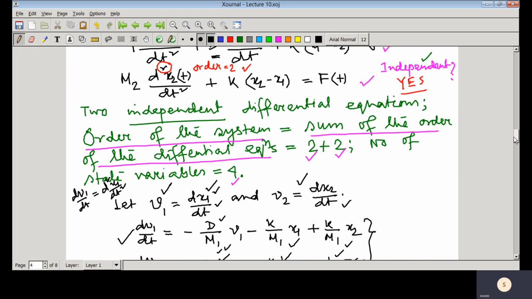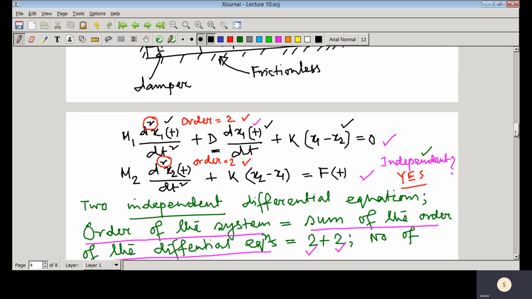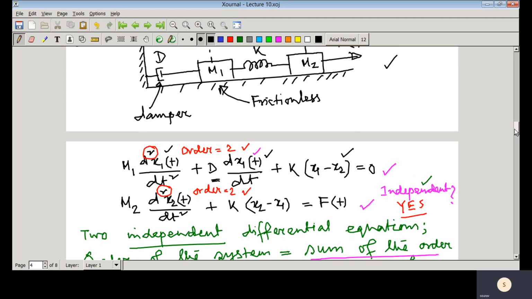So now, what important things have we noticed? One thing is this particular dynamical system is represented by two differential equations, and we found that these two differential equations are linearly independent. Then we observed the orders of the differential equations.